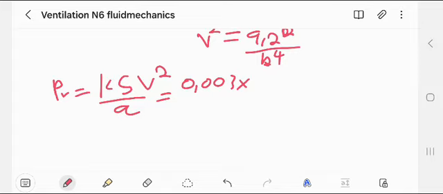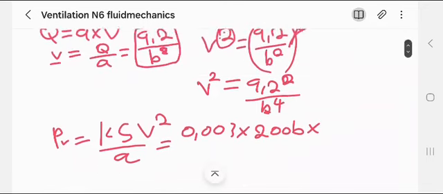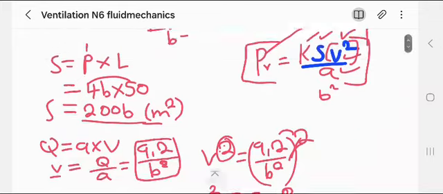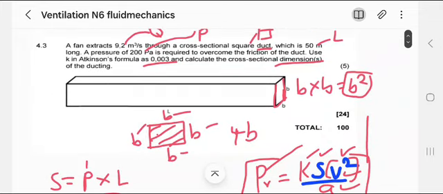Rubbing surface, we got 200b multiplied by v squared here. Rubbing surface here, we got 200b. We're given K, which is 0.003.